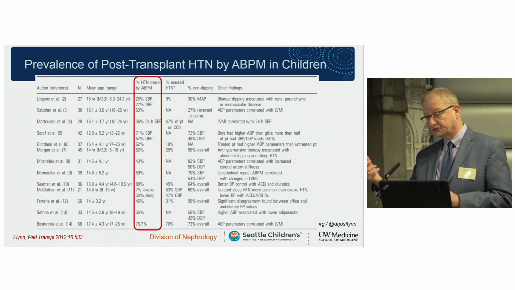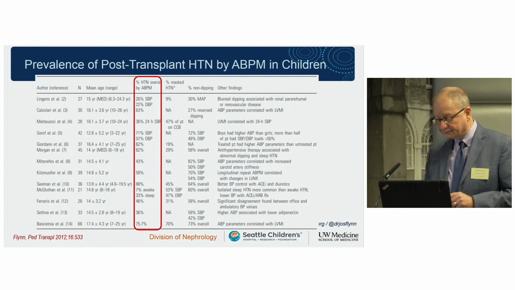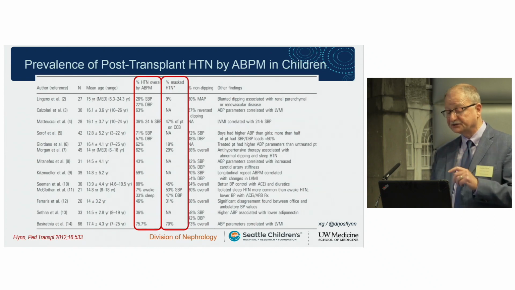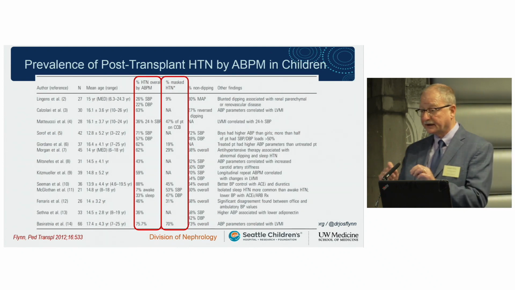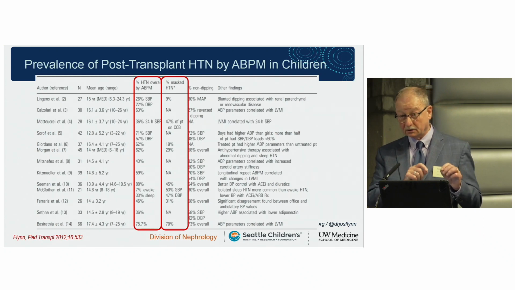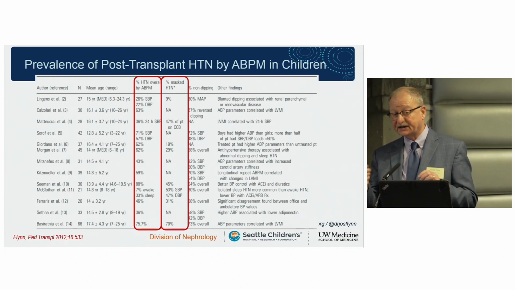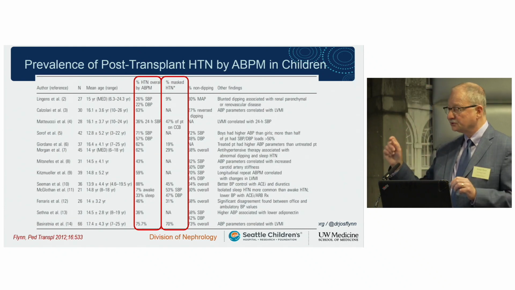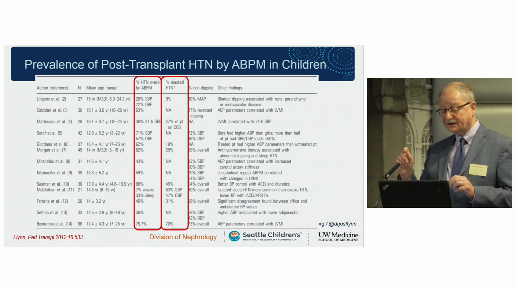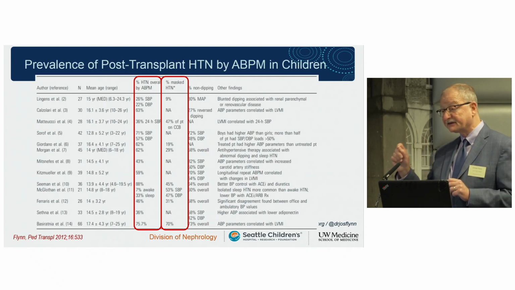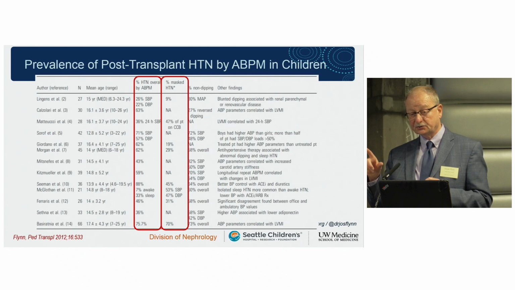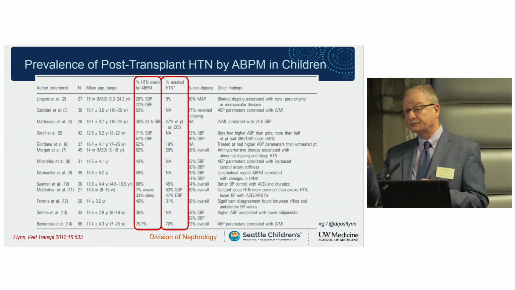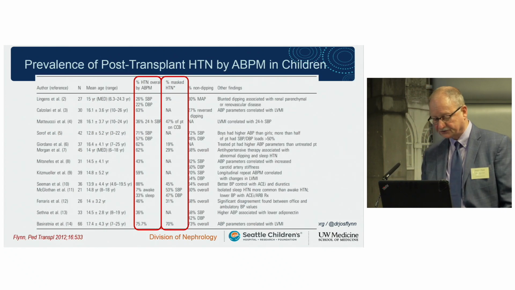So ambulatory monitoring is picking up a large number of patients with hypertension. And then when you look at how many of those actually had masked hypertension, where the office blood pressure is normal, but when you look at the 24-hour study, that's abnormal, the studies that reported it reported that between 20 and 70% of their patients who were hypertensive by ABPM had masked hypertension. So you would not pick up the hypertension in those patients without doing ambulatory blood pressure monitoring.